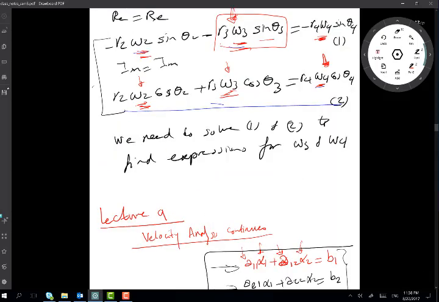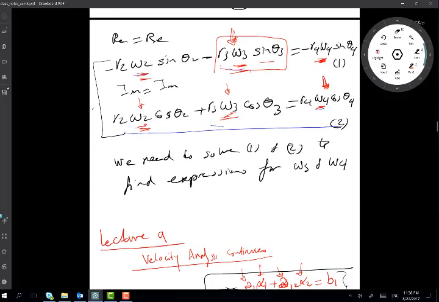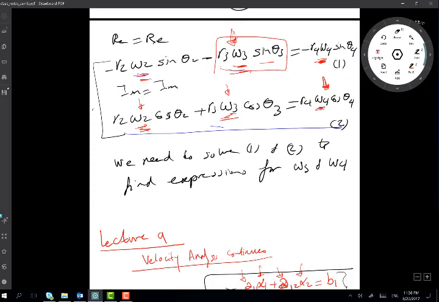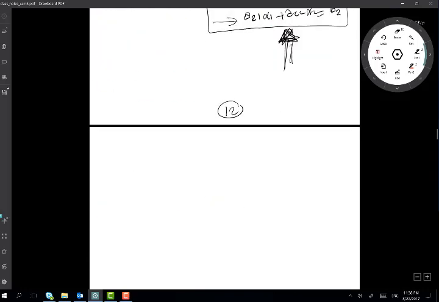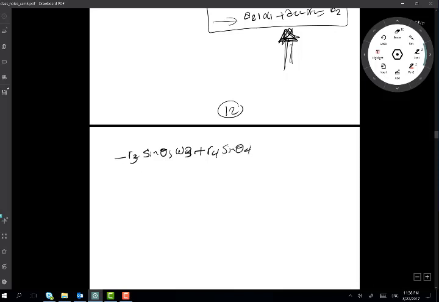So let's arrange my two equations exactly like I have underneath, with the unknowns on one side. I'm going to have over here minus R3 sine theta 3 omega 3 plus R4 sine theta 4 omega 4 equal to R2 sine theta 2 omega 2.